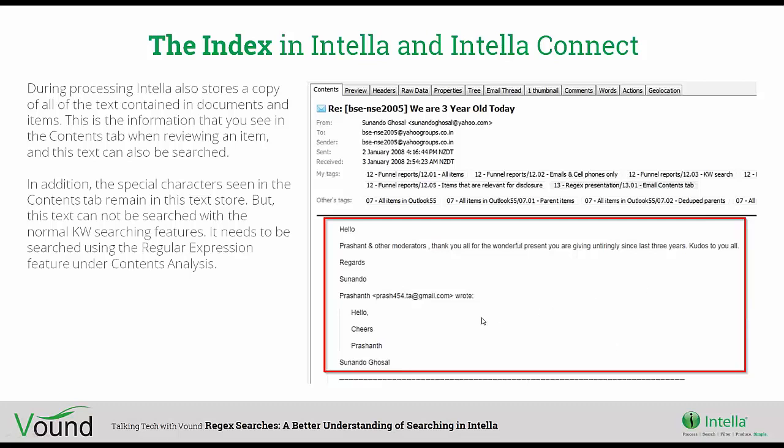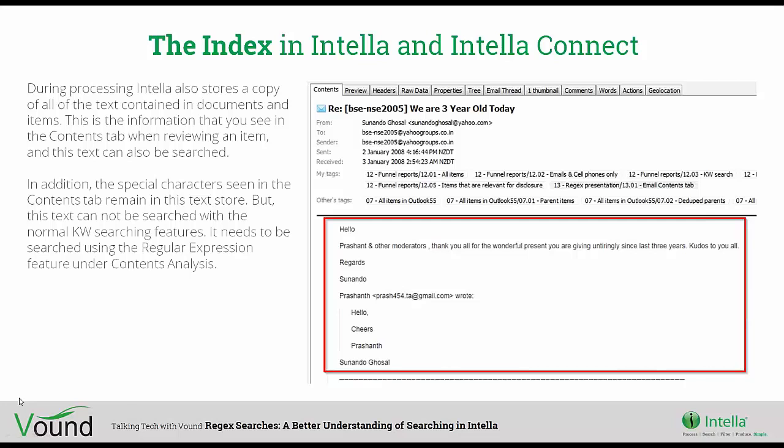And for example, we can see the word wrote here and we have a colon after it. So we could actually search and we could find the word wrote with a colon after it if we wanted to do it. But you can't do that in the search box or using a keyword list. So how do we do it? Well, we use regular expressions, and we find those in the content analysis facet.